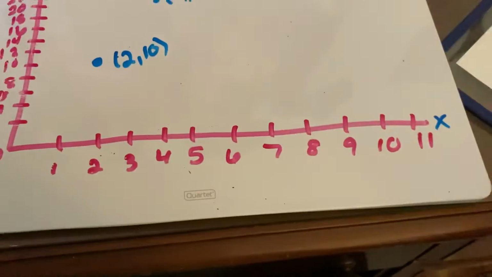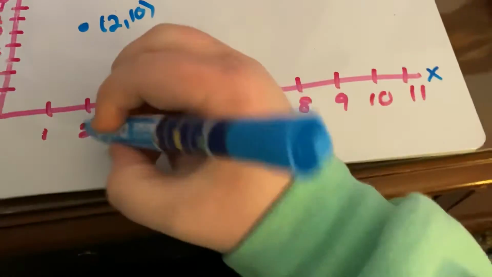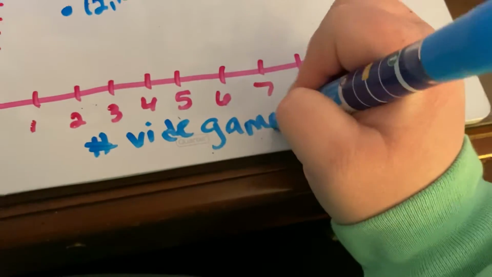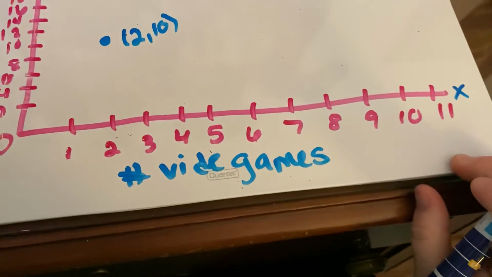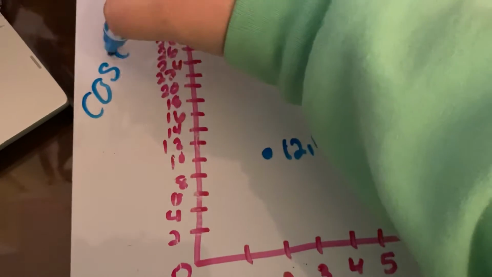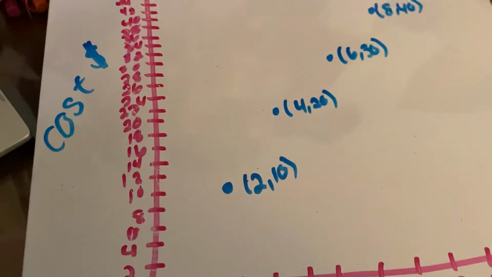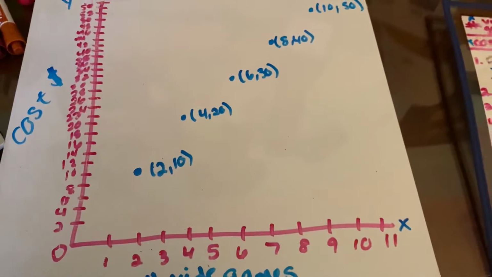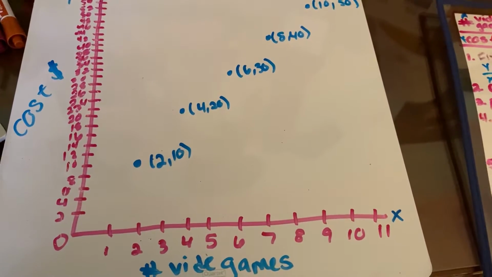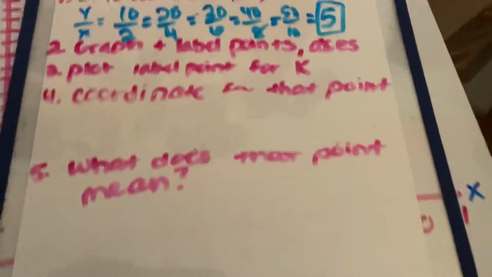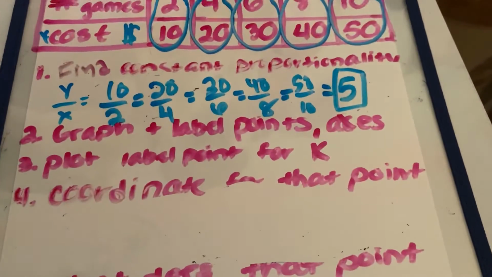So on the X-axis, I'm gonna label it number of video games, because that's what it represents. And then on the Y-axis, I'm going to label it cost. So now that my labels are on there, my points are on there, the axes are labeled, number 2 is done, and we can move on to number 3.